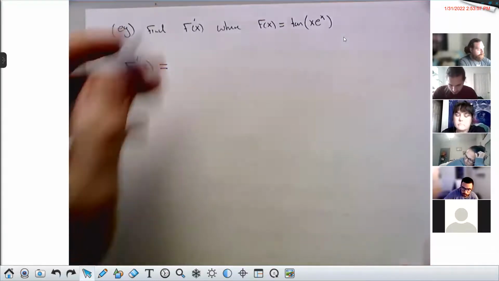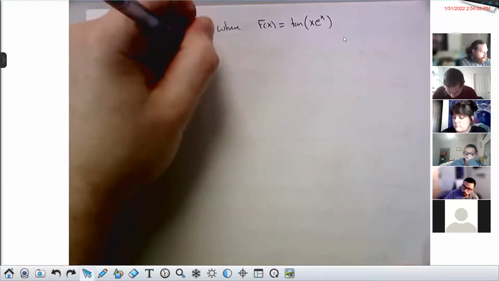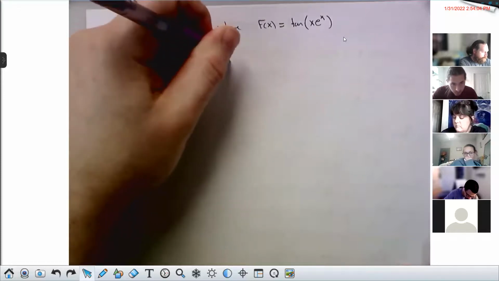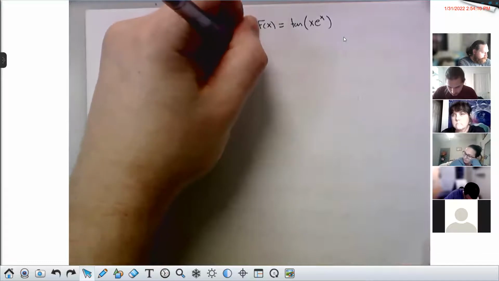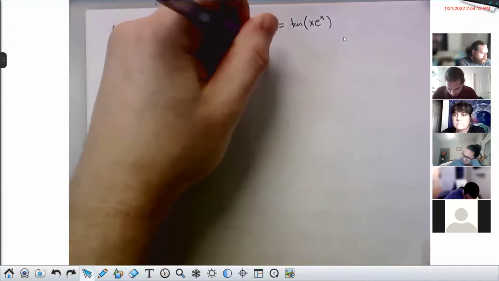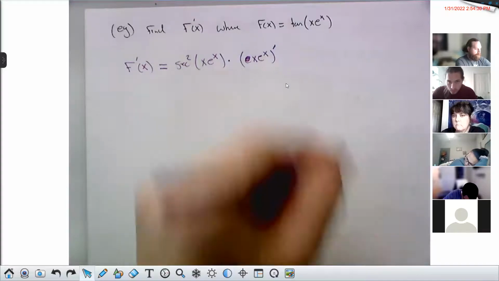The derivative of tangent is secant squared, so I'll differentiate the outer, leaving the inside alone. So we get secant squared of x e to the x, and then we need to multiply by the derivative of the inner, and this is by the chain rule.